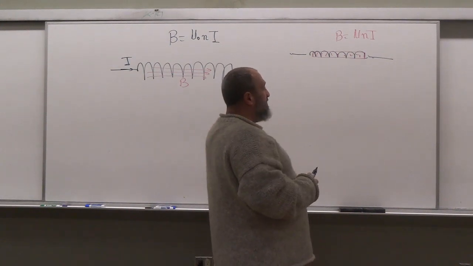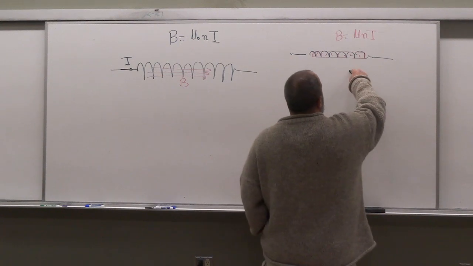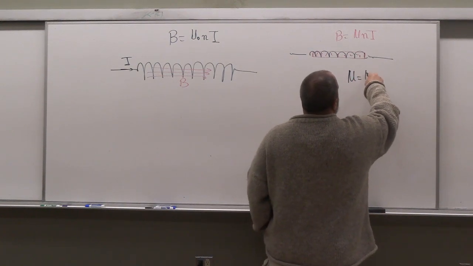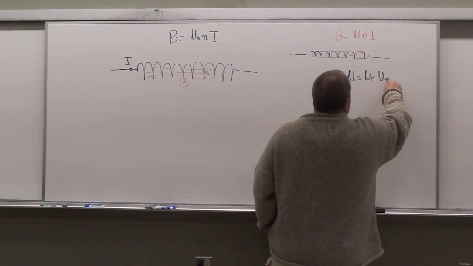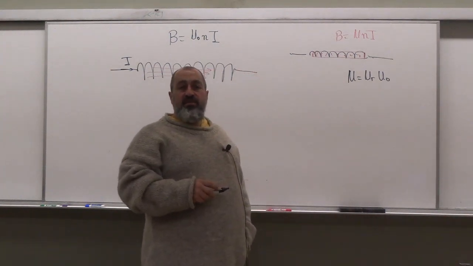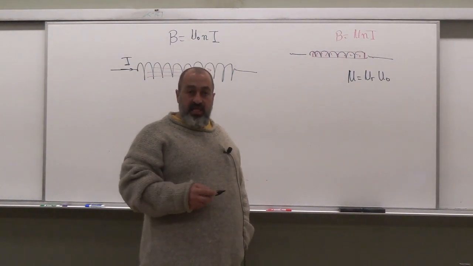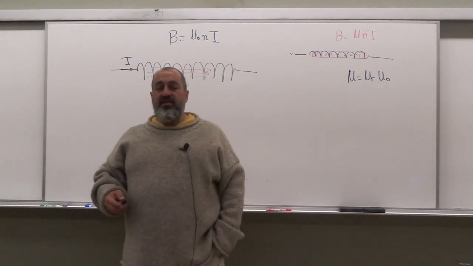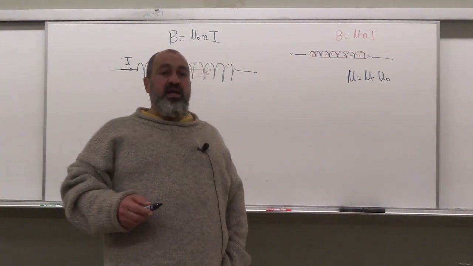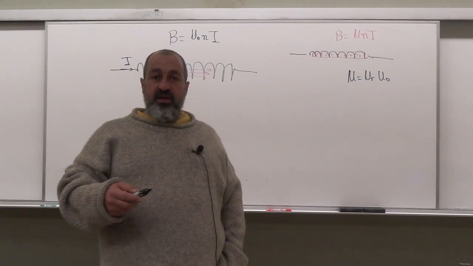Well, the magnetic field in the solenoid becomes equal to mu times I, where mu is equal to mu_r mu naught. Please look up, for example, what the relative permeability for iron might be. It's large, many thousands for mu_r, and that gives you a huge magnetic field in the area.